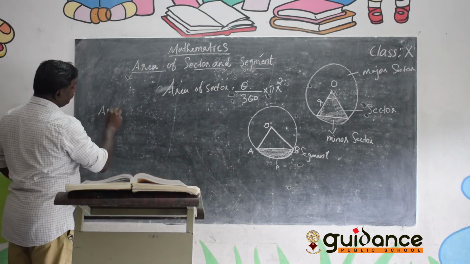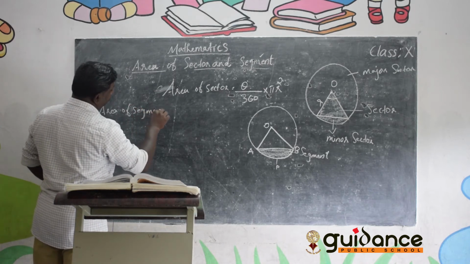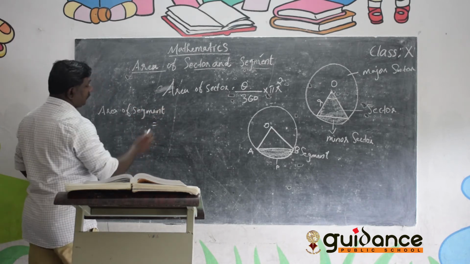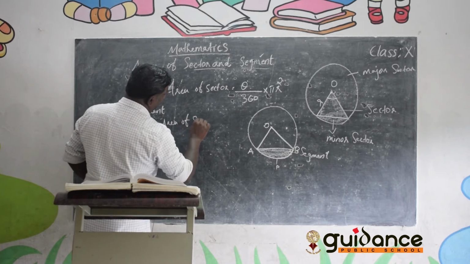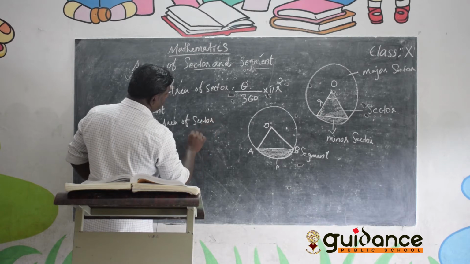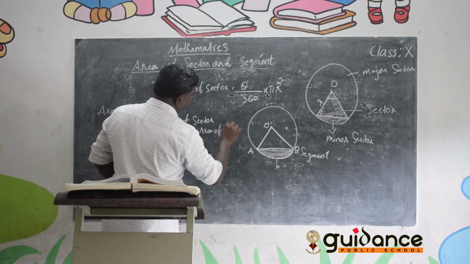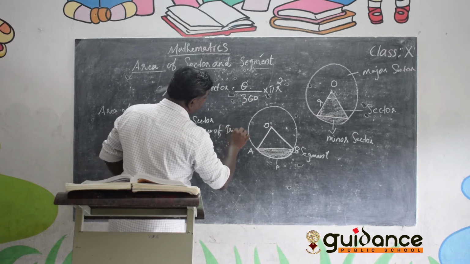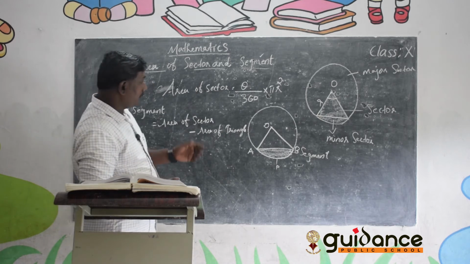Area of segment equals area of sector minus area of the given triangle.